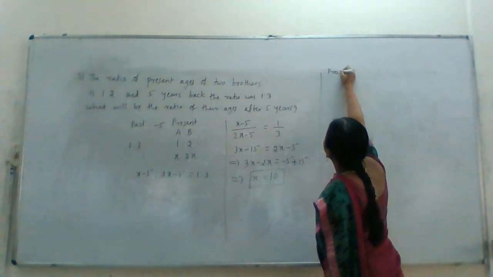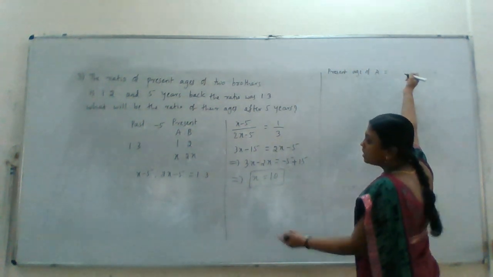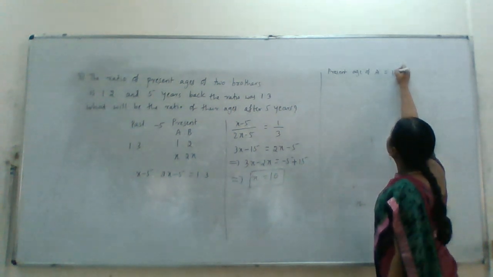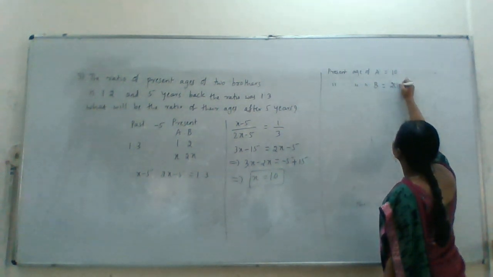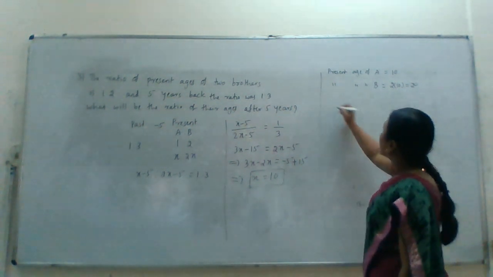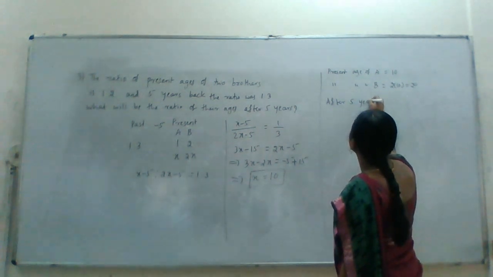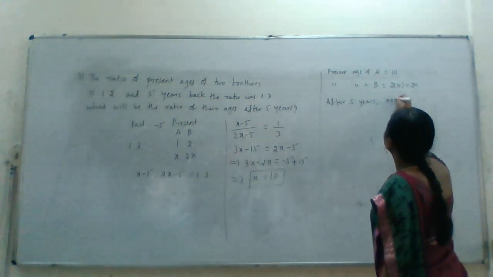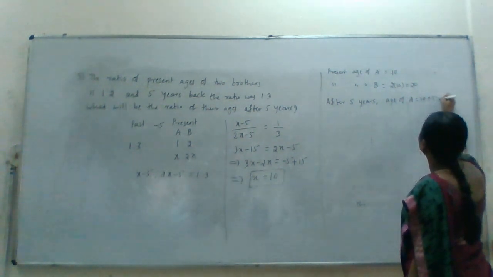So the present ages of A and B: A is what? x equal to 10. Present age of B is what? 2x, 2 into 10, that is equal to 20. Okay. After 5 years, age of A is 10 plus 5, 15.